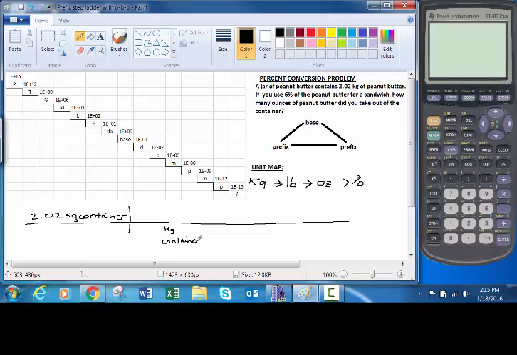We know from our unit map that we can change our kilogram into pound, and I'm going to abbreviate container here. If pound is on top, then we know that pound is the unit that has to go onto the bottom. And that we can change pound into ounces.